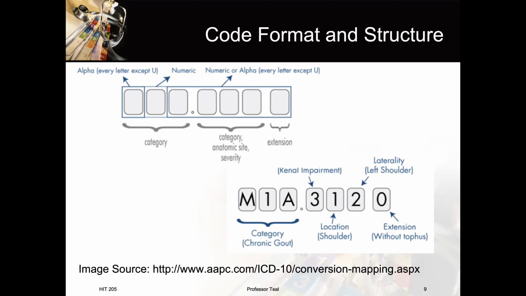There are U codes. The second character is always a number, and then characters 3 through 7 can be alphabetic or numeric. For any codes that are more than 3 characters long, you will always place a decimal after the first 3 characters. If the full code is only 3 characters, there's no decimal. But if it's more than 3 characters, you always put that decimal.